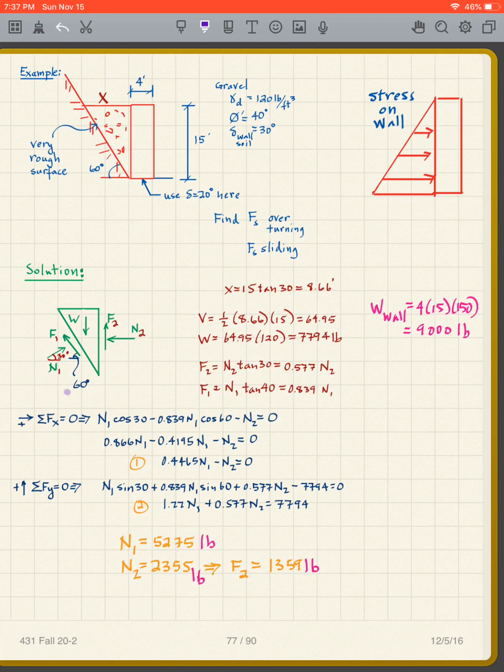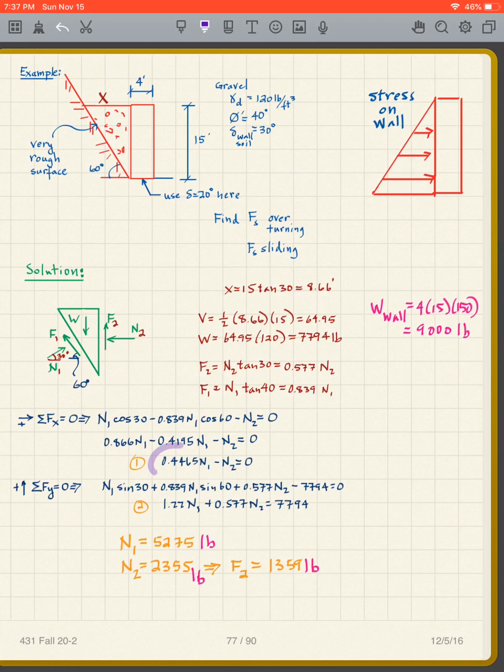So again, I'm not going to go through the sum of the force in the x direction, the sum of the force in the y direction. You can all do that. Again, this is 60 degrees with respect to the x-axis. That's 30 degrees with respect to the x-axis. That means when I take the sum of the force in the x direction, I always have cosines. Cosine 30, cosine 60. Take the forces in the y direction, I have sine 30, sine 60. I'm going to let you pause the video and look at how those are done.